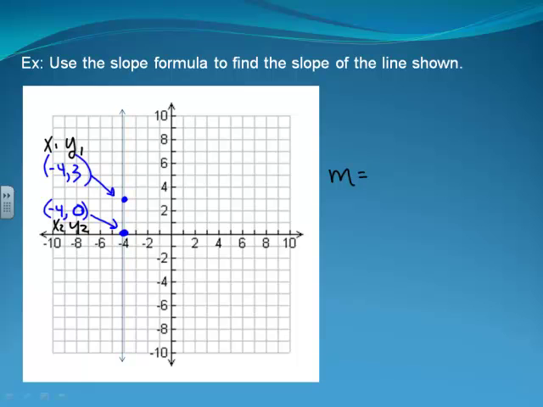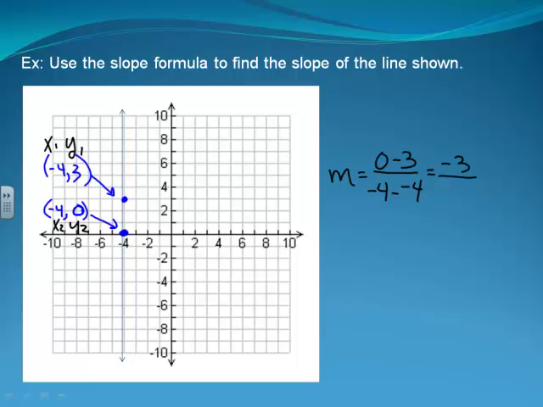Slope is equal to y2 minus y1, which would be 0 minus 3, divided by x2 minus x1, which is negative 4 minus negative 4. Do the math. 0 minus 3 is negative 3.